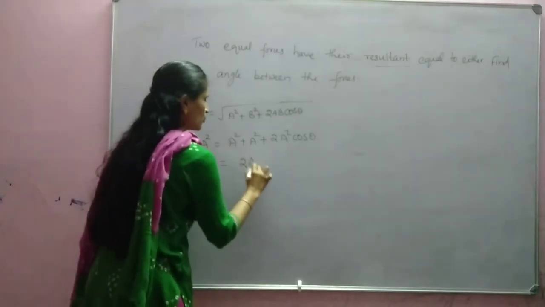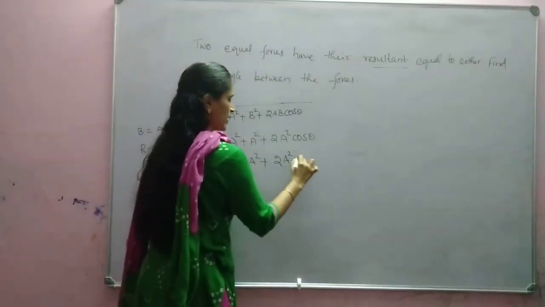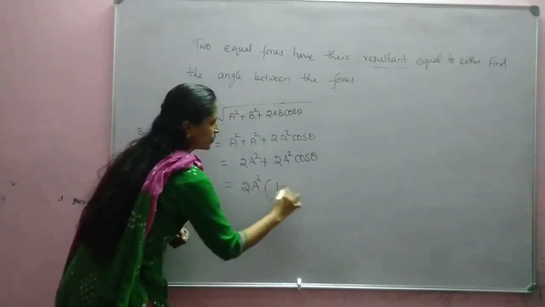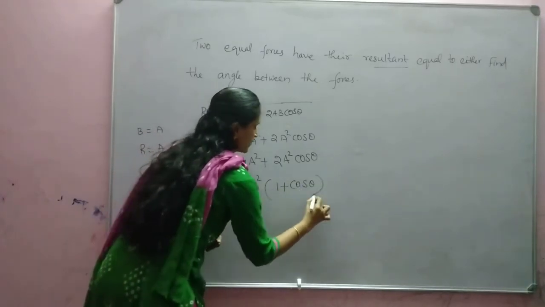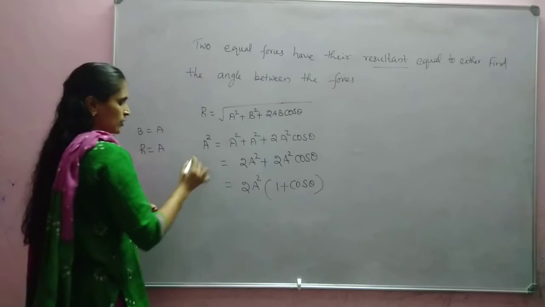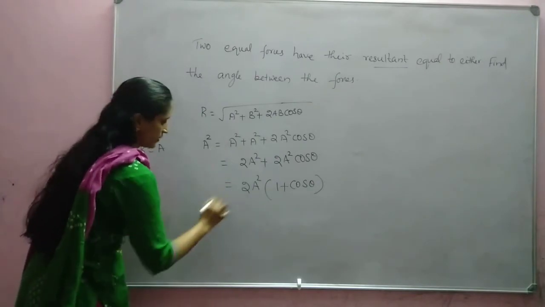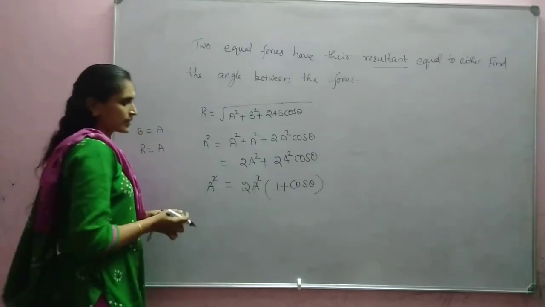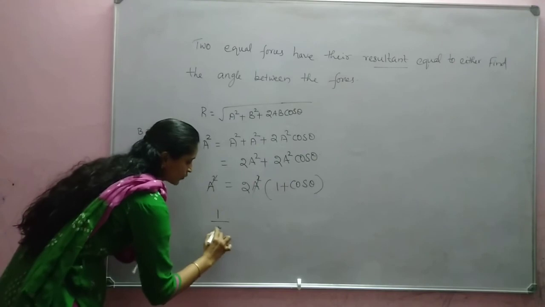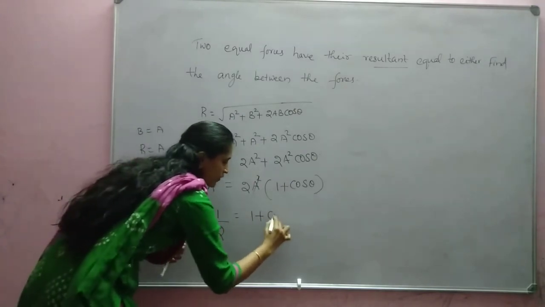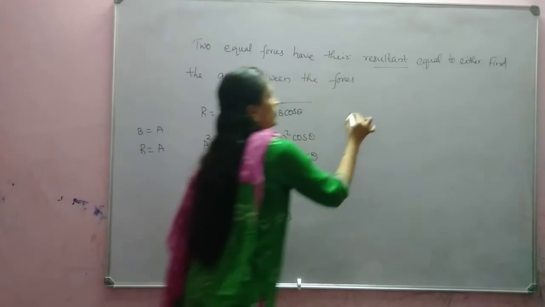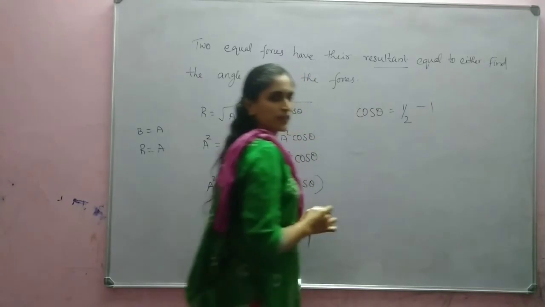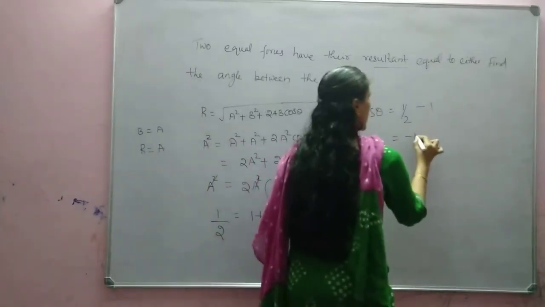So we can write 2A square plus 2A square cos theta, or 2A square into 1 plus cos theta. Taking 2A square common, A square and 2A square can be cancelled, and the 2 can be taken to the other side. So 1 by 2 is equal to 1 plus cos theta, or cos theta is equal to 1 by 2 minus 1, which gives minus 1 by 2.